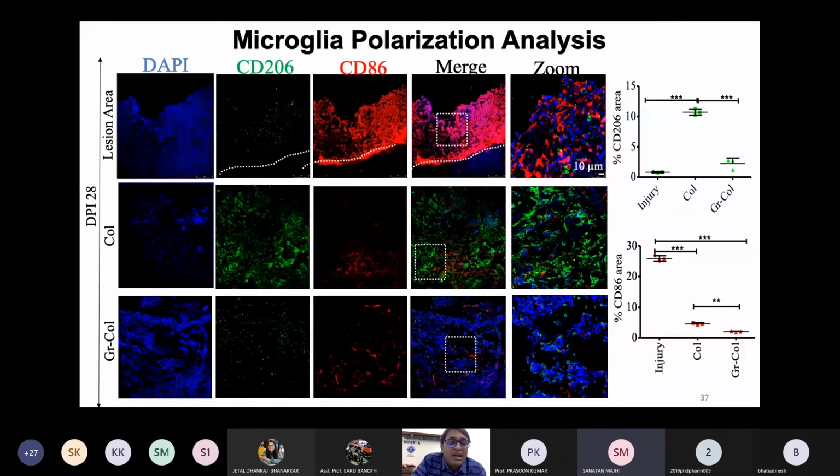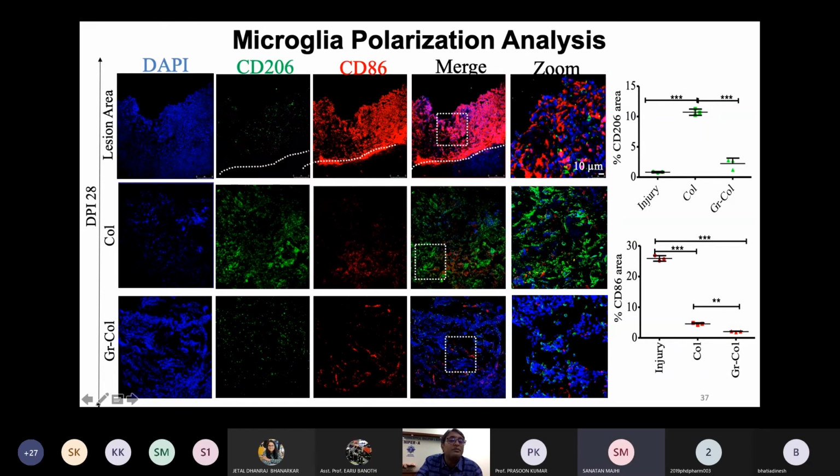What about the microglia? We looked at microglia, and CD206 and CD86 are the markers we have chosen. You see that CD206 is quite high in the collagen, and there is some expression of CD86. In the lesion area, the CD86 is very high. In GR call, you see both are nicely controlled, with very little expression of CD206, which further confirms it is not pro-inflammatory.